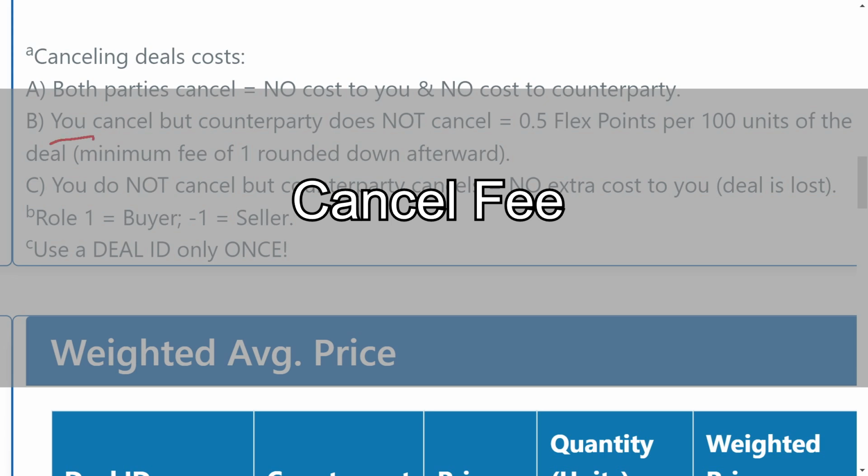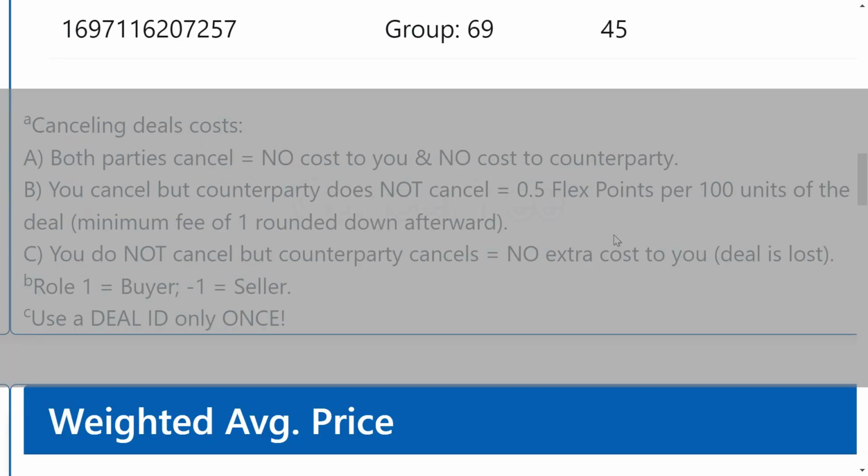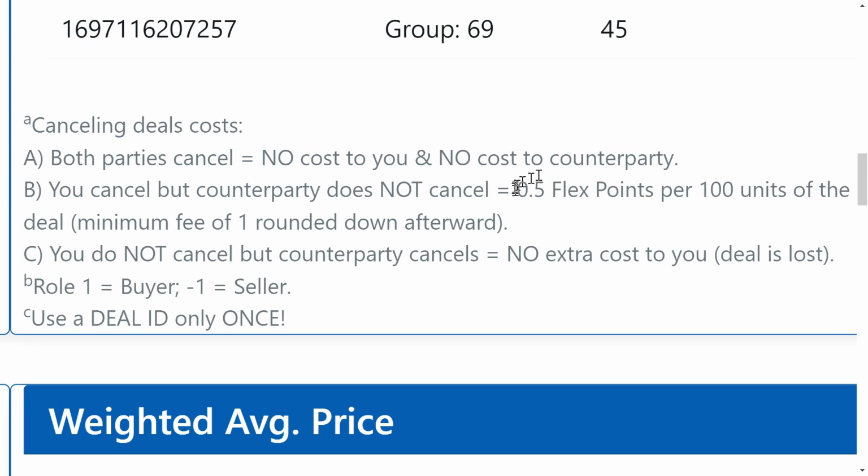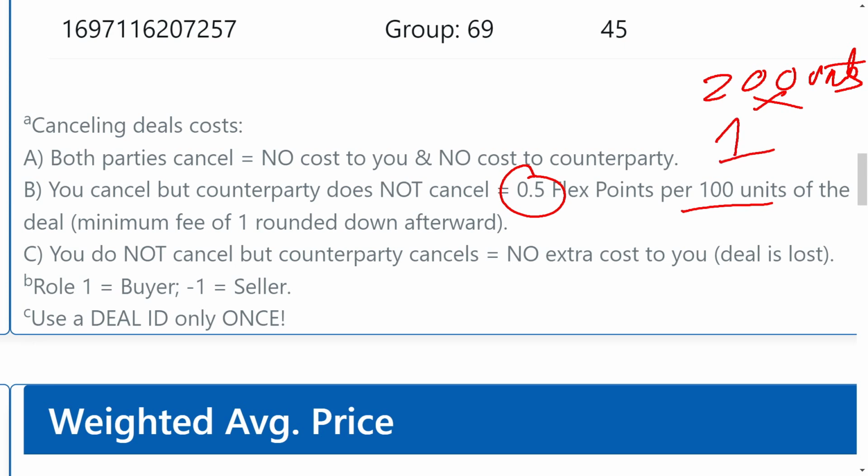So if you cancel and the other side does not cancel, the cost here would be 0.5 flex points. That means half a flex point for every 100 units. So if you have 200 units in the deal and it gets canceled, then you're going to end up paying 1 flex point.